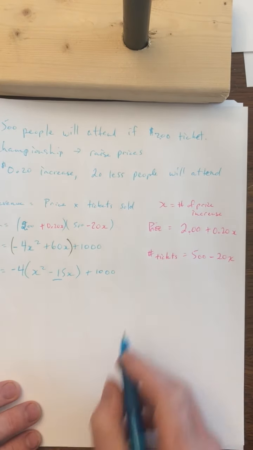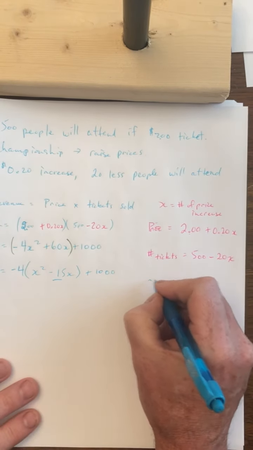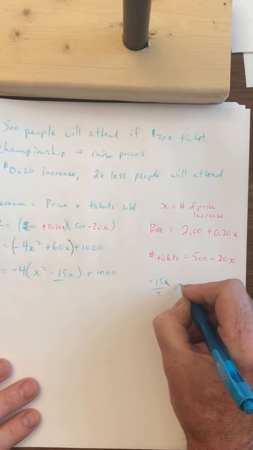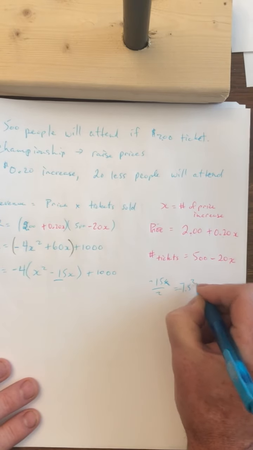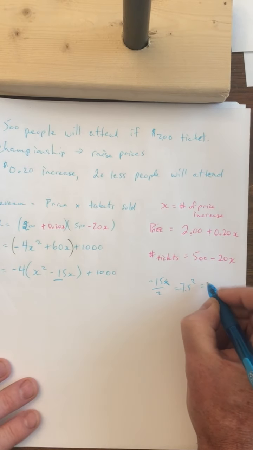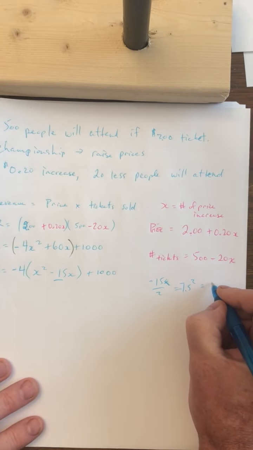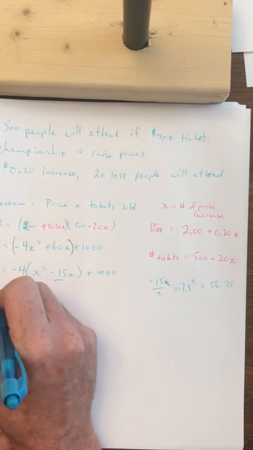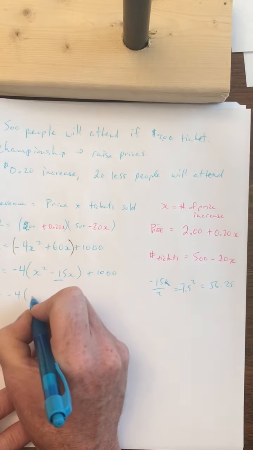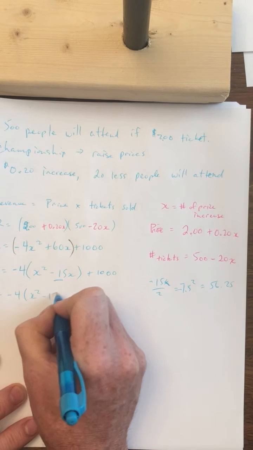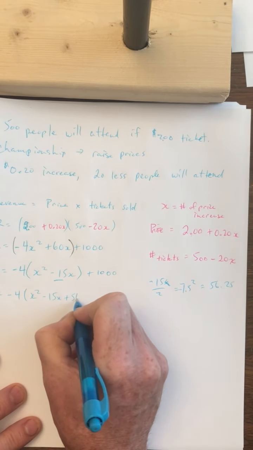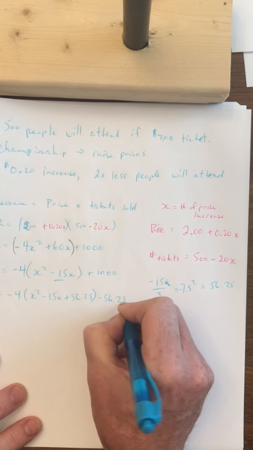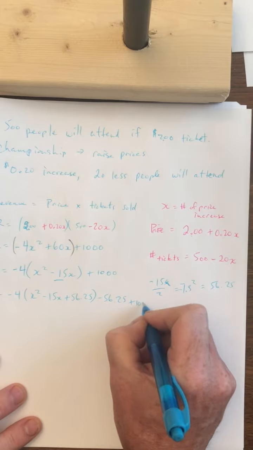Take our b value here, minus 15 divided by 2 is minus 7.5, square it, and we get 56.25. So R equals negative 4 times x squared minus 15x plus 56.25 on the inside and minus 56.25 on the outside, plus our 1,000.